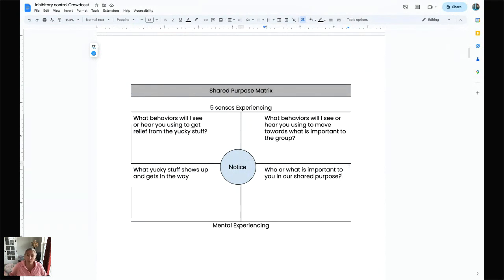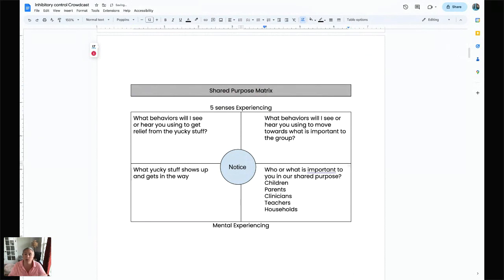So the first question I'm going to ask is, who or what is important to you in our shared purpose today? And I'm going to say our children, parents, clinicians. I'm going to say teachers are important in this discussion. I think households, right?